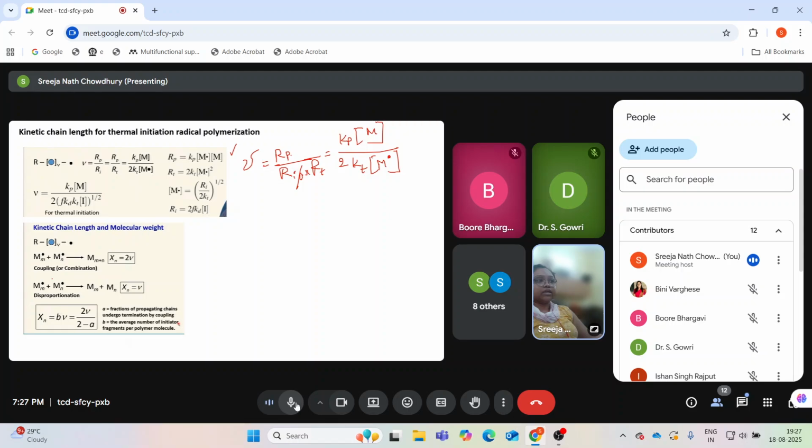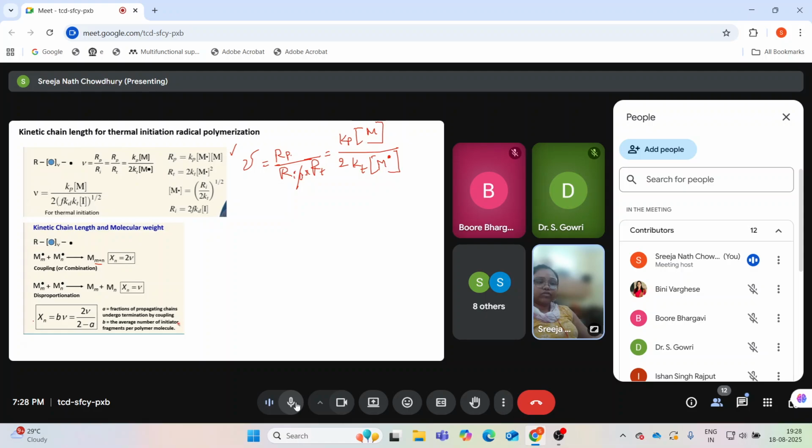Here it's m plus n, so 2 nu, two molecules are joining. If disproportionation occurs, then the number of molecules is not changing, so Xn will be nu. And then the formula is Xn equals B nu equals 2 nu by 2 minus A. This is our formula. The derivation of this formula is not shown in your lectures.